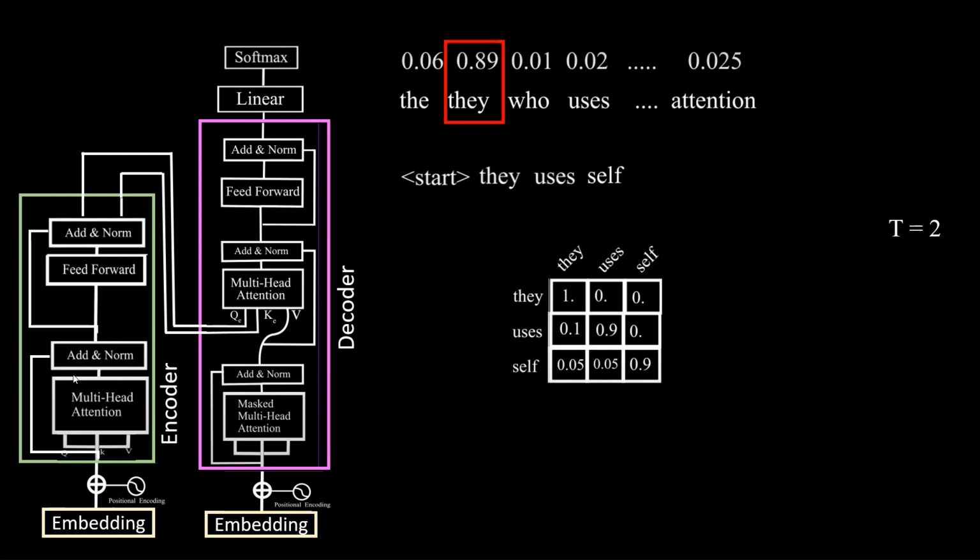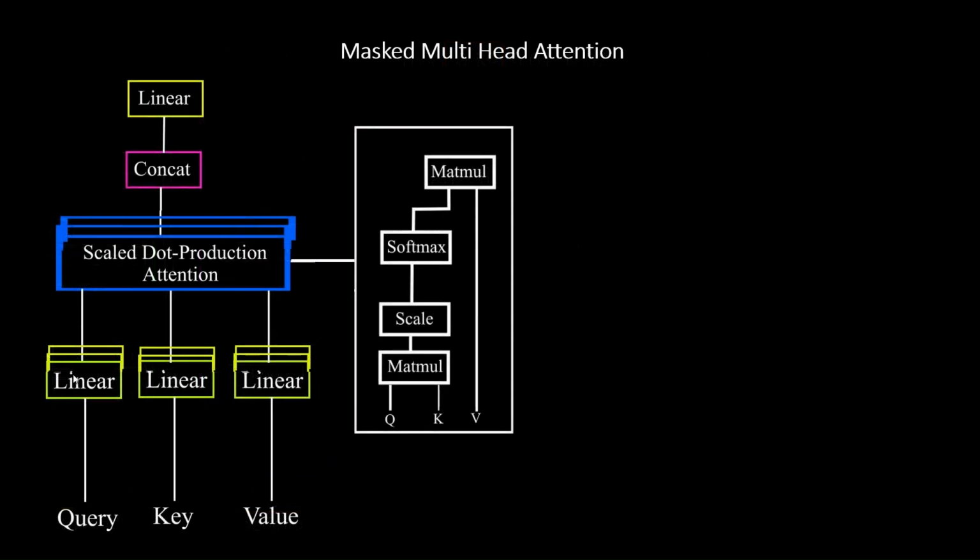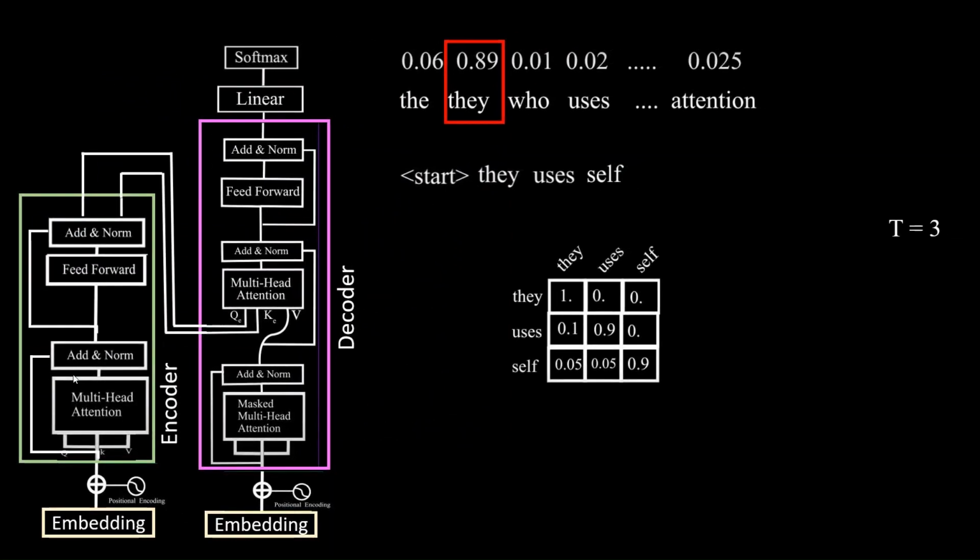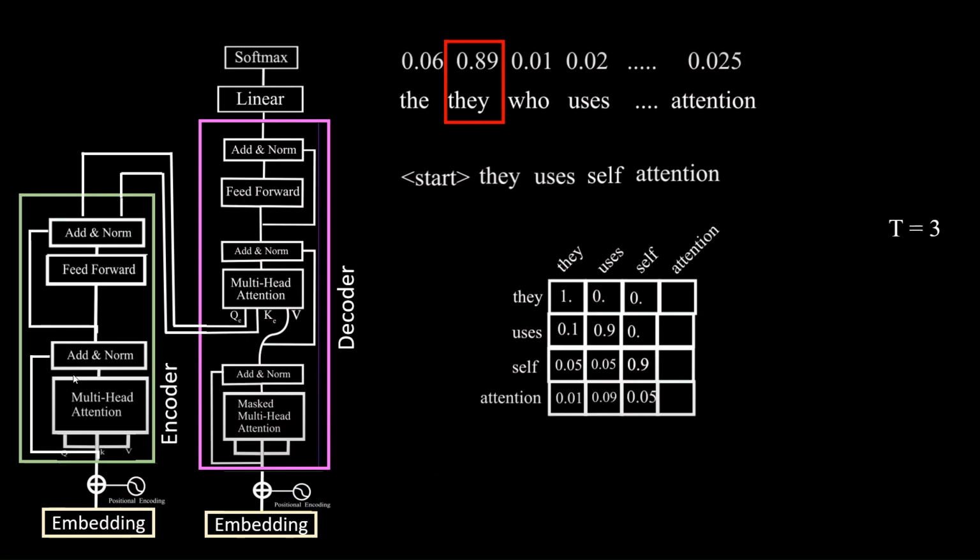So for doing this, the researchers modified this attention head a little bit and added a new layer for masking, and called this layer the masked attention head. And in the same way, the decoder will keep generating the output until it generates a special token which will represent the end of this process.